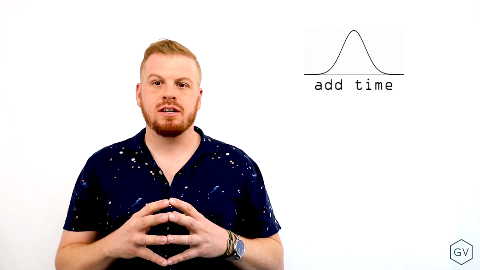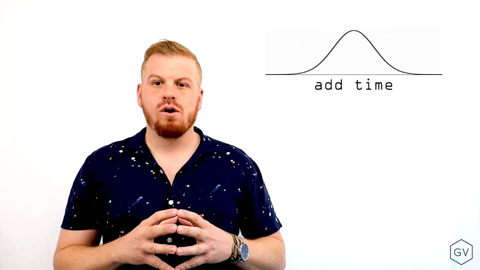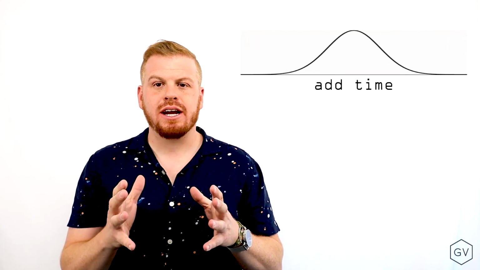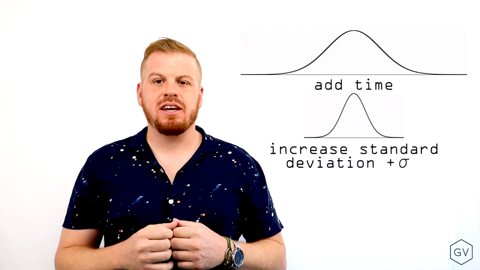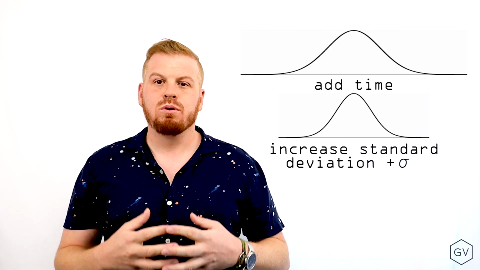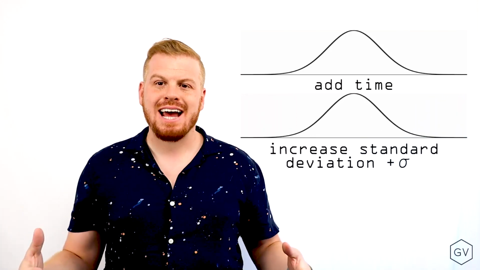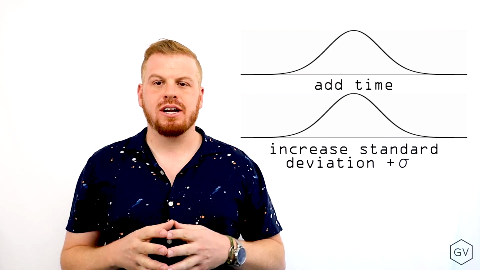When we think of normal distributions, what we're really thinking of is the distribution of things that can happen. And the reason why time and implied volatility are so closely related is because from a theoretical standpoint, they're almost interchangeable. We can allow for more things to happen, essentially increasing the distribution by adding time, or we can keep the same time constraint, but jack up the standard deviation or the implied volatility, which will therefore have more things happen given the certain time constraint.